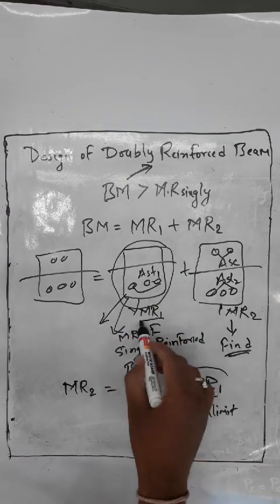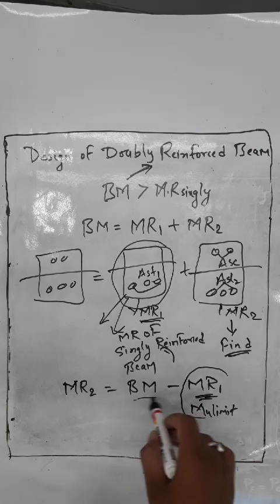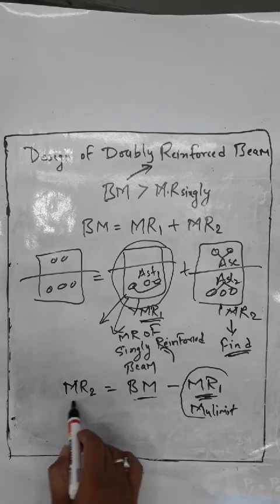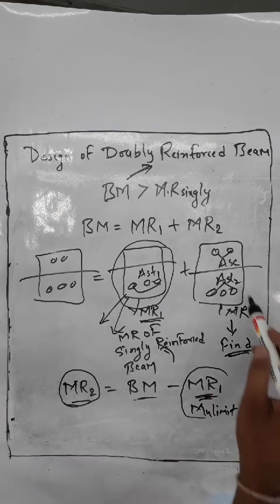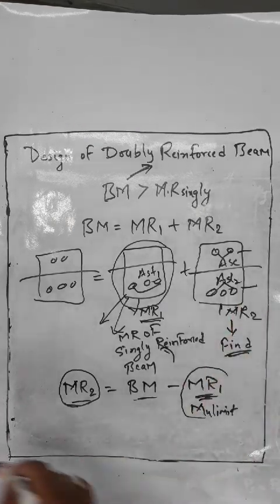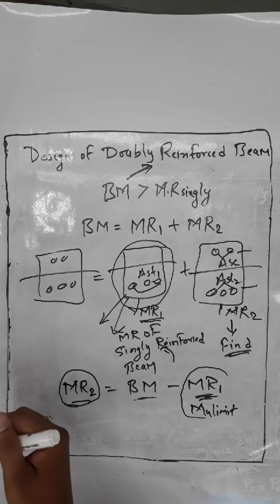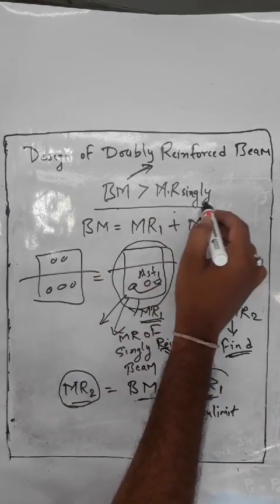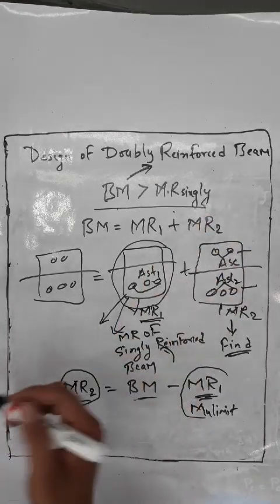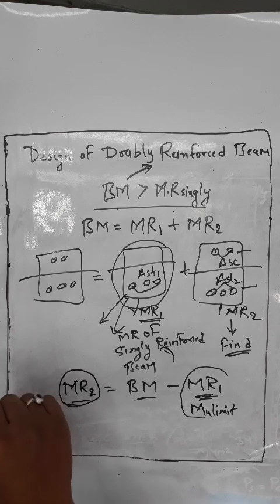After finding this MR1, we subtract it from the bending moment and find MR2, and this MR2 gives us AST2 and ASC, which are required in the doubly reinforced beam. So this is our condition. When our bending moment is greater than the MR of the singly reinforced beam, in that case we have to design the doubly reinforced beam.